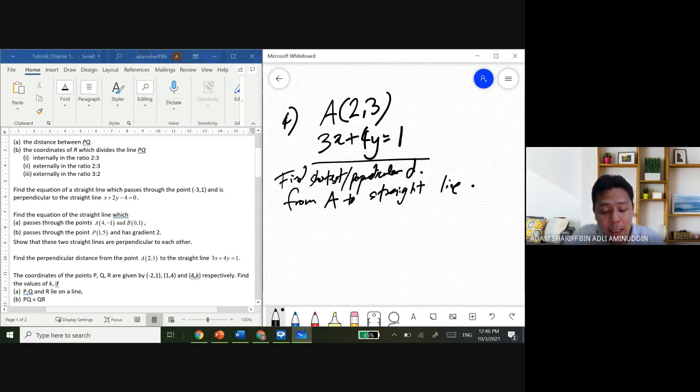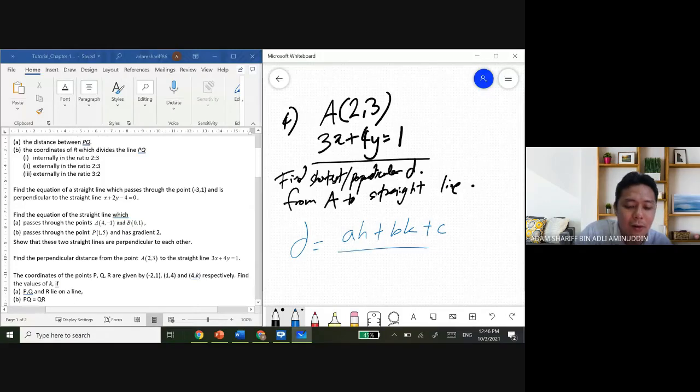Okay. So what concept that we will use here is the formula of the distance between point to a line, which is given by AH plus BK plus C over square root of A squared plus B squared. Betul ke formula saya ni? Betul.